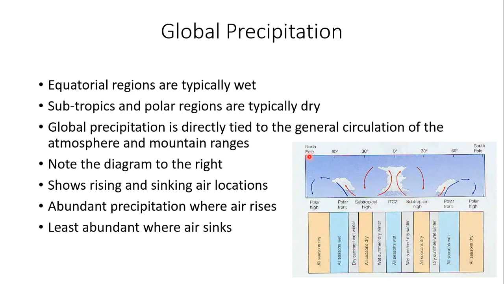So, generally, I have the latitudes marked at the top of this graphic. 0 degrees is associated with the equator. 30 degrees either side is associated with the subtropics. 60 degrees is where you typically get the polar front. And then you have the South Pole over in the far right, and the North Pole on the far left.